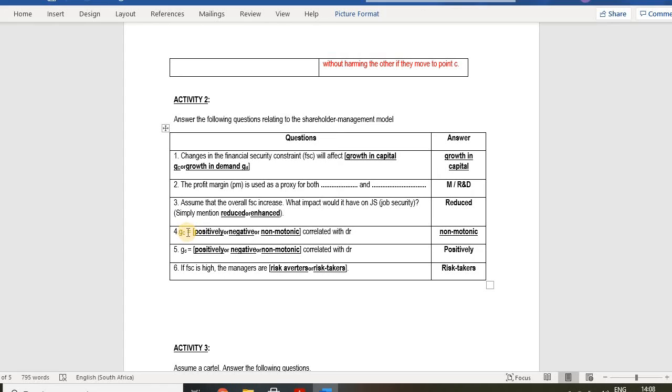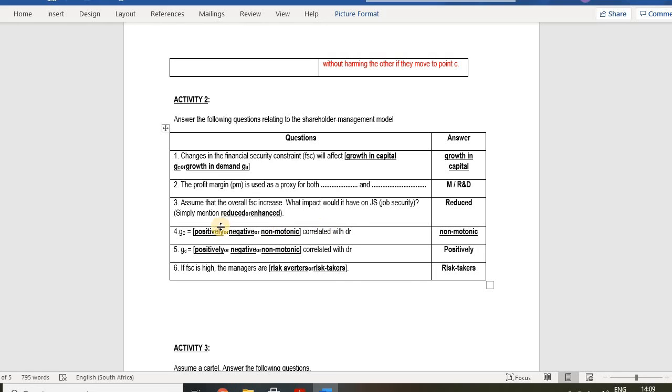And then number 4 says growth in capital is equals to positively or negative or non-monotonic correlated with diversification rate. At this point, the growth in capital is non-monotonic correlated to diversification rate.